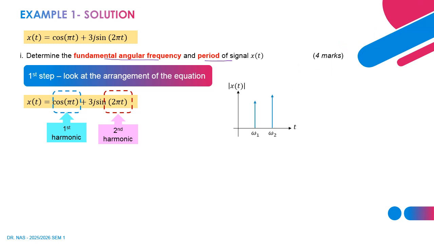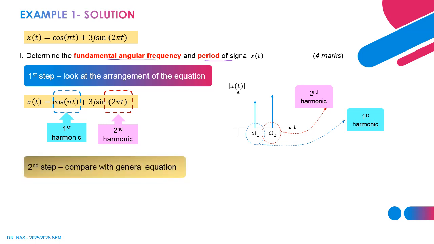The same goes when you have a graph, a single-sided spectrum for a trigonometric equation. The first signal represents the first harmonic, and the second one represents the second harmonic.